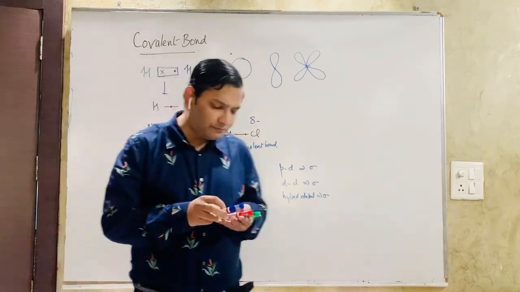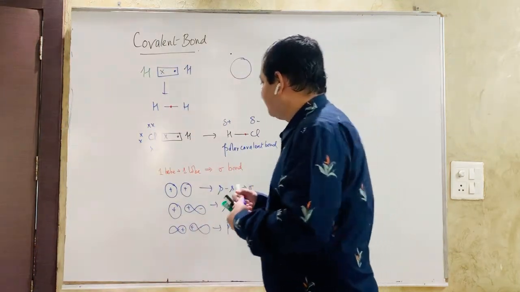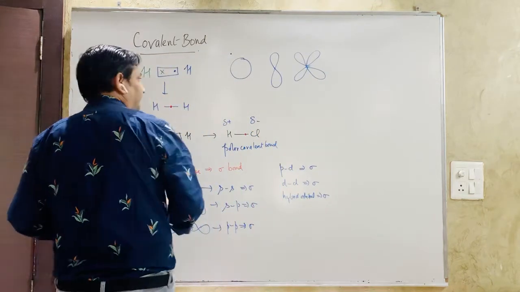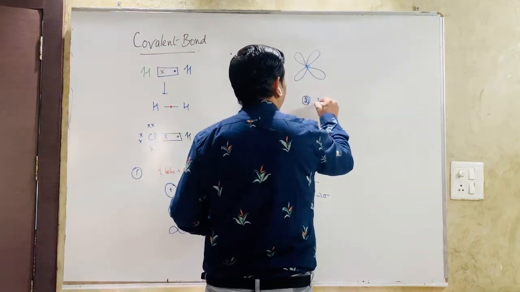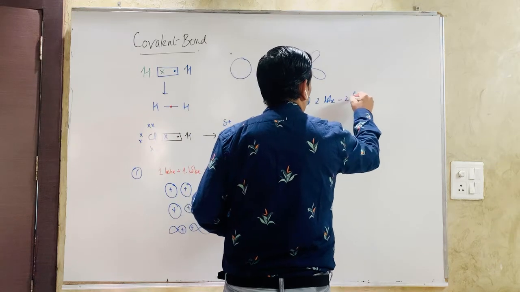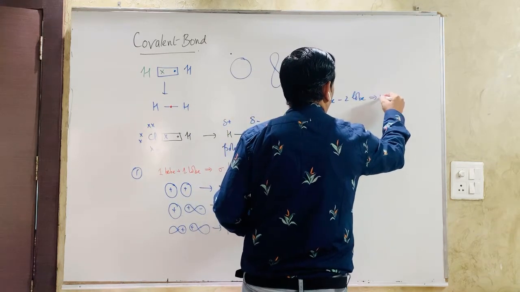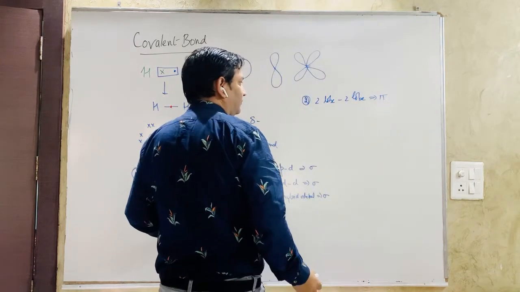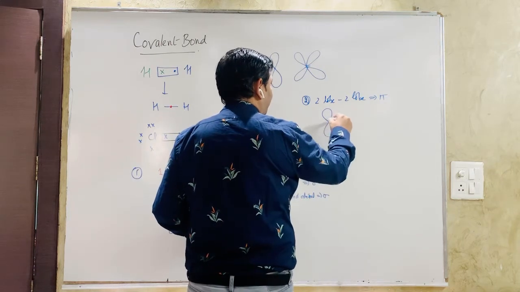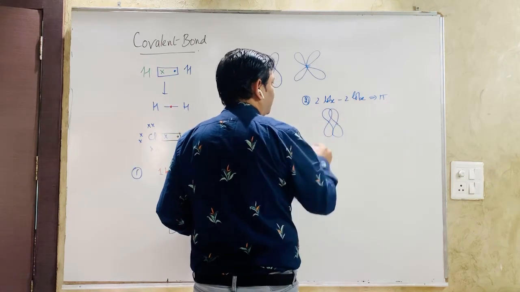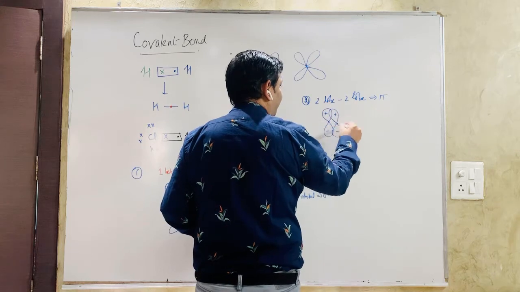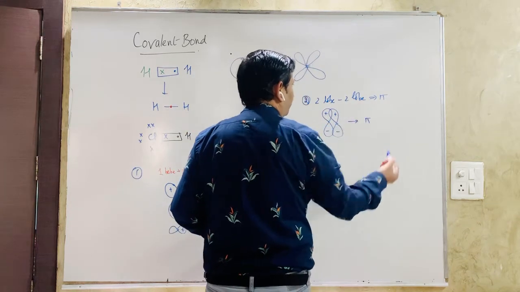Now, the other cases. This is the first case, I say, one lobe, one lobe. Second case, two lobe, two lobe. It results in the formation of a pi bond. Like this, lateral overlap. Positive, positive, negative, negative. This will result in the formation of a pi bond.